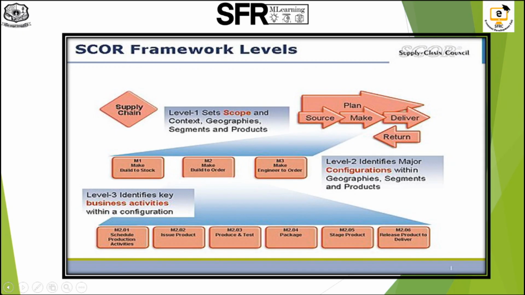In level 2, it identifies the major configurations within the location, within the market segments and within the product mix. In level 3, it identifies the various key business activities within the configuration, that is from material procurement, manufacturing, testing, packaging until it reaches the hands of the customers.